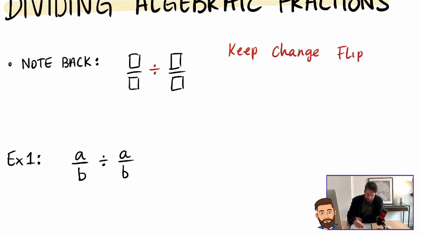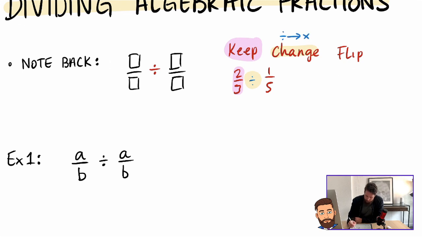So if I had 2 over 3 divided by 1 over 5, I would keep the first one. I would change the divide into a times.